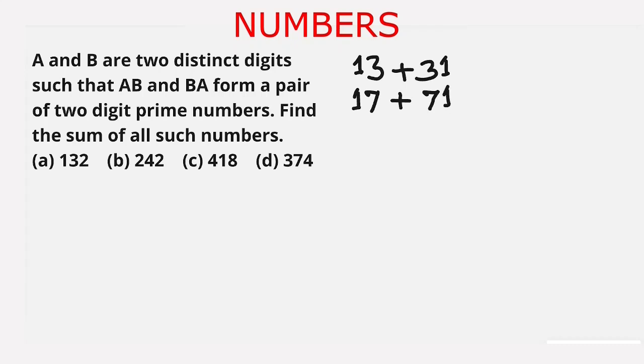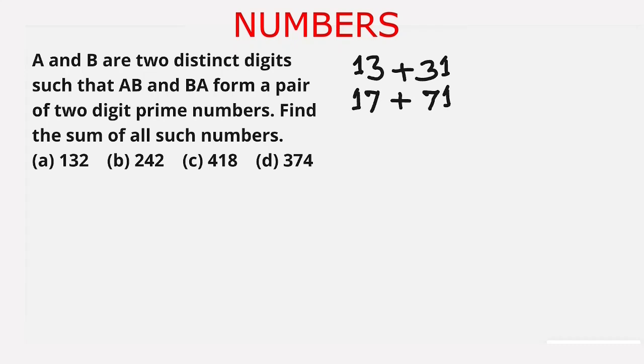The next number is 19, and 19 on reversing the digits becomes 91, and 91 is not a prime as it is divisible by 13. Then the next number is 23, and 23 and 32. 32 is not a prime, so that pair is not of our use.